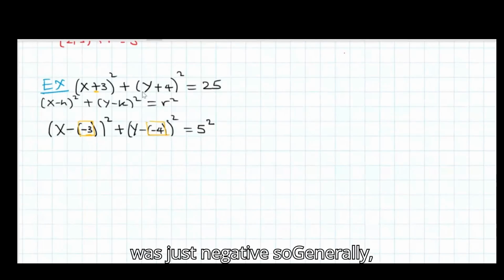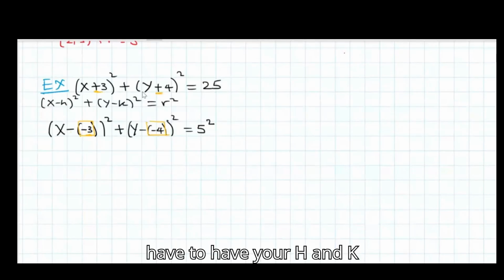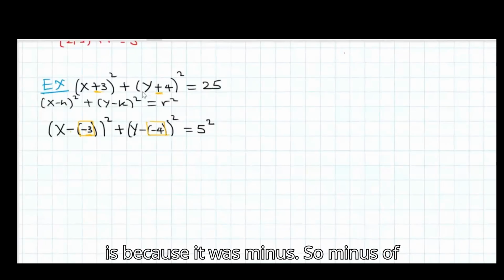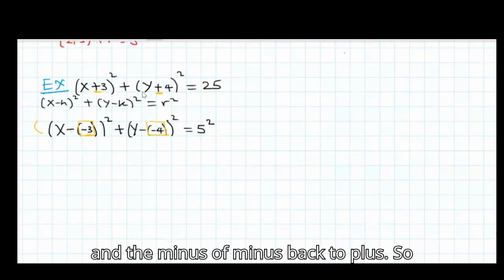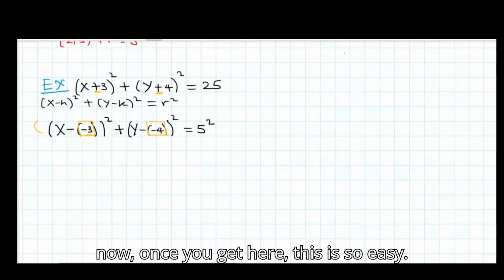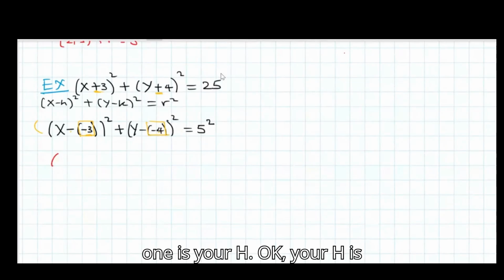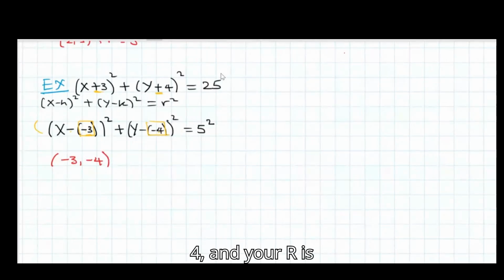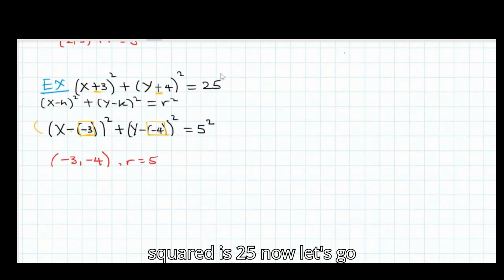So in short, if you see a plus, you have to have your h and k negative, because the original equation is minus, and minus of minus takes you back to plus. Now this is so easy. Your h is -3, your k is -4, and your r is 5, because 5 squared is 25.